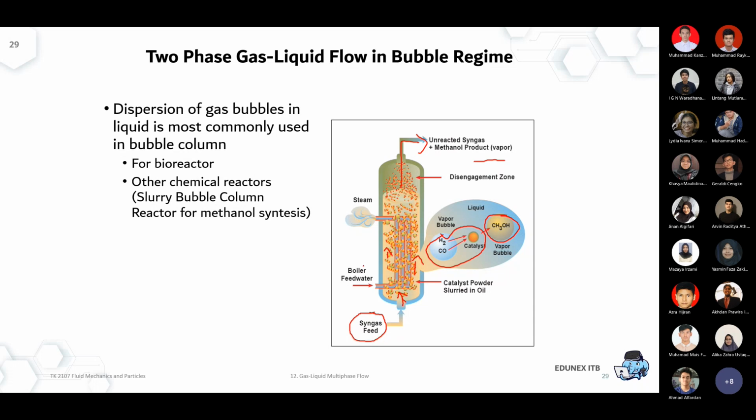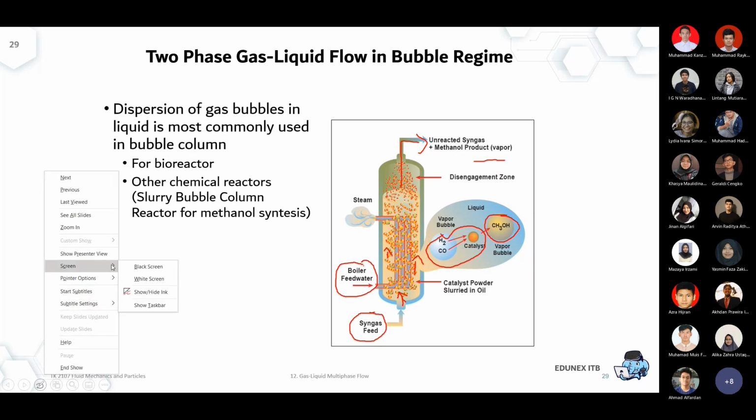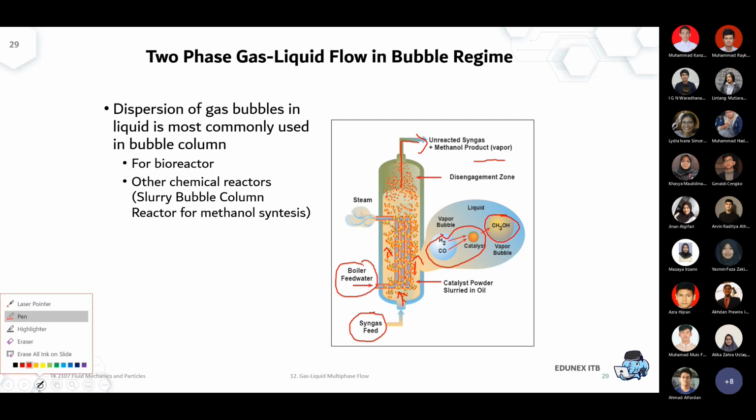As you can see over here, it's similar to what is found in a shell and tube heat exchanger. Okay, so you have liquid as boiler feed water, and then you can see over here that we have tubes which are used to flow the water. Check this region.